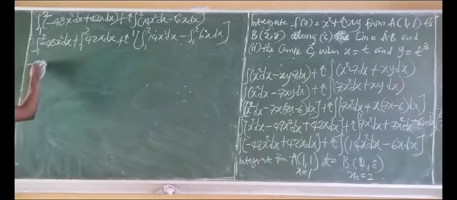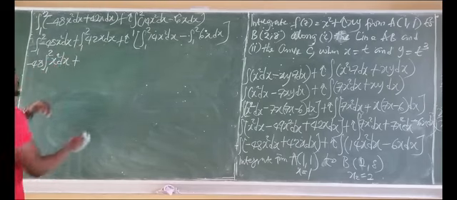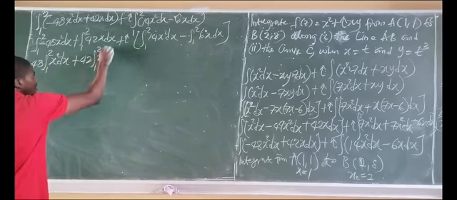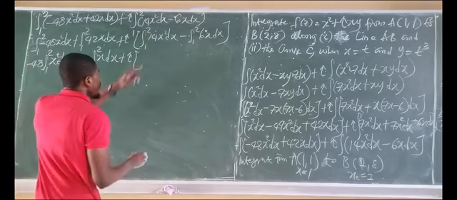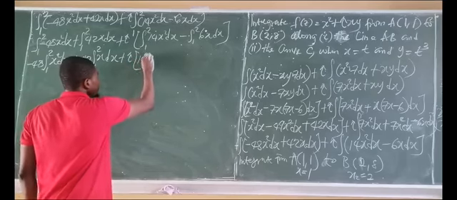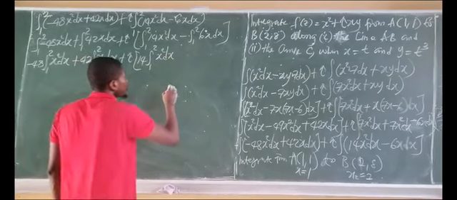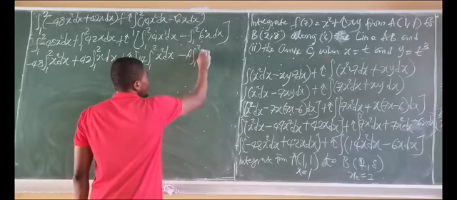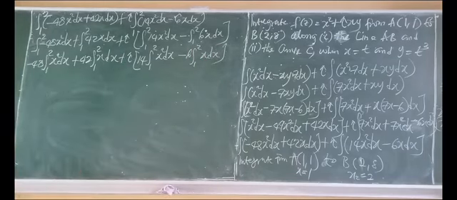You have minus 48 integral 1 to 2 x squared dx plus bring out 42, you have 42 integral 1 to 2 x dx, plus i into, also bring out 14, it becomes 14 integral 1 to 2 x squared dx, minus bring out 6 integral 1 to 2 x dx. You have this. So we can now integrate.